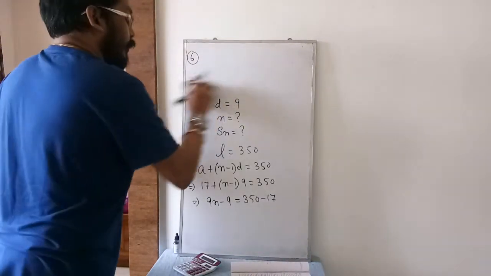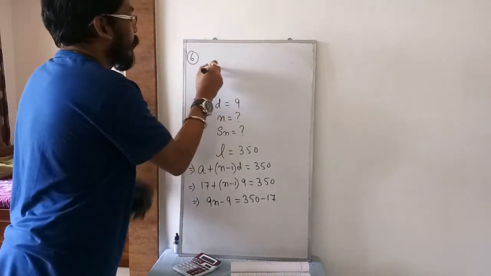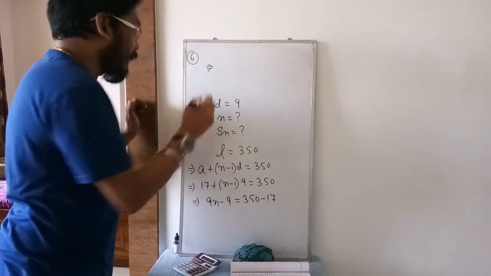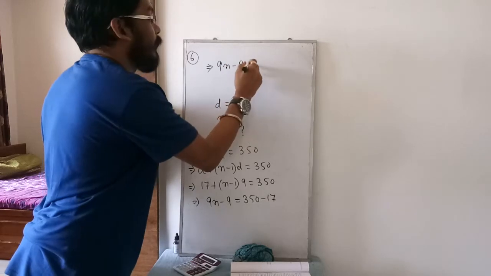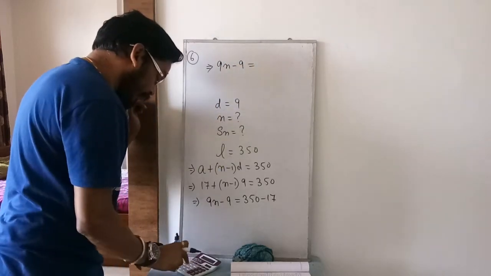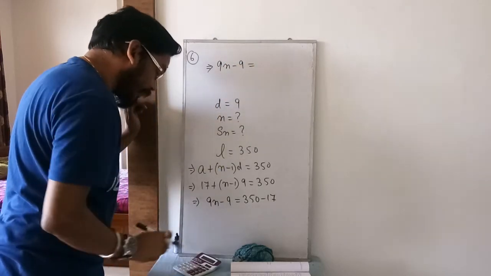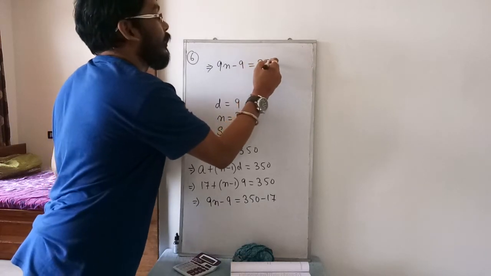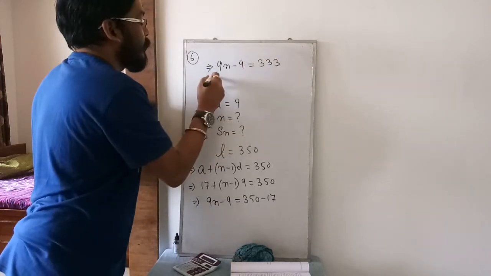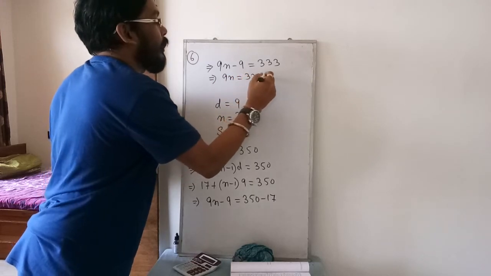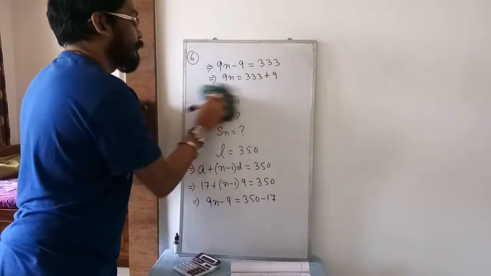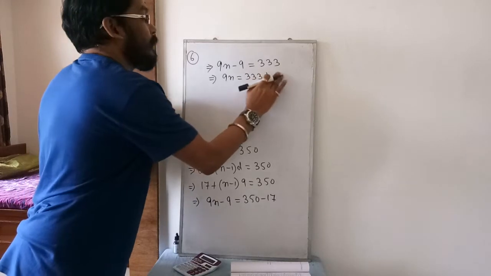So we will go for further calculation. It is 9n minus 9 equal to 350 minus 17. So it is 333. 9 you shift to the other side. 9n equal to 333 plus 9.